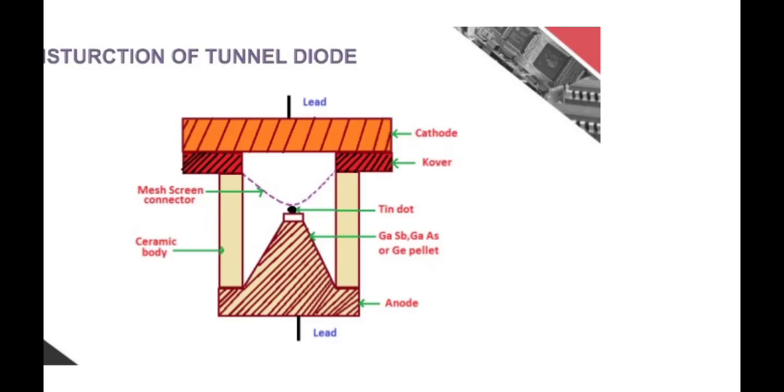There is a lead and a ceramic body on the outer side of the diode, as protection from hazardous atmospheric effects. The cover is connected to this. This is the construction of the tunnel diode.